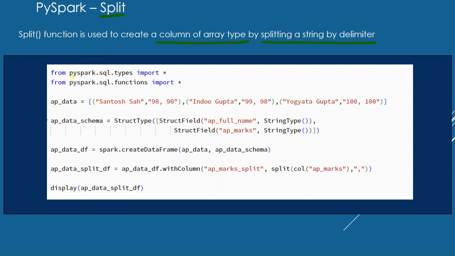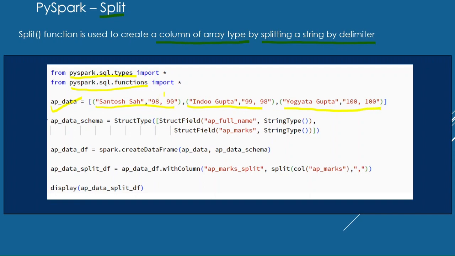So what we are going to do in this exercise: we are importing all the functions which are present in pyspark.sql.types. We are also importing all the functions which are present in pyspark.sql.functions. We are going to create a list object. In this list object, we are going to store three objects. This is the first one, this is the second one, and this is the third one.